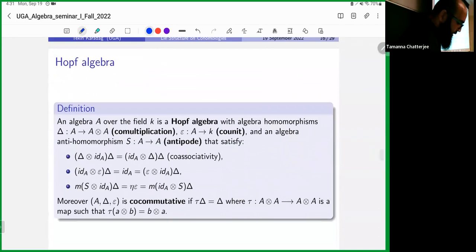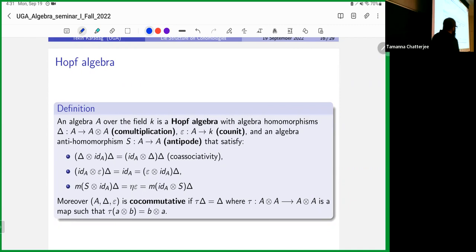All right. So let's see what a Hopf algebra is, which I'm more interested in. A Hopf algebra has a coalgebra structure. What I mean by that is it has comultiplication, counit and antipode, and those satisfy these three properties.